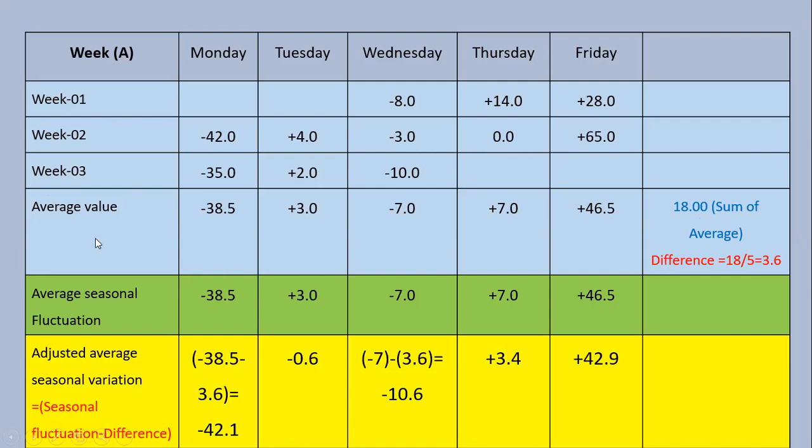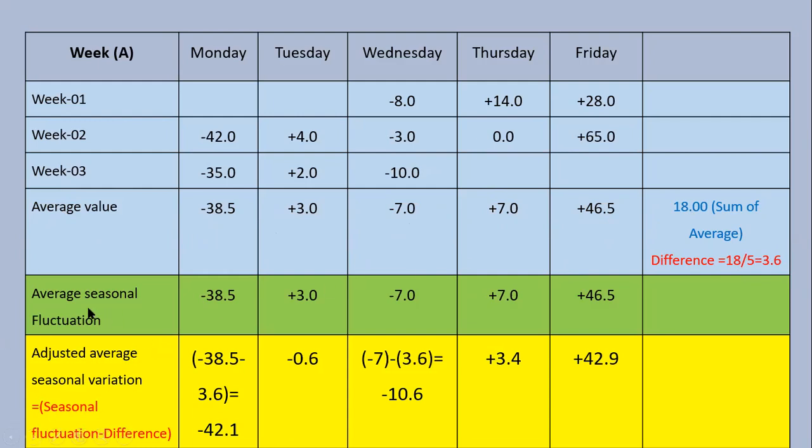I think it's clear how to get the average and how to get the sum of average. To get the sum of these values: minus 38 plus 3 plus minus 7 plus 7 plus 46.5. Then divide by the number of data. How many data? 1, 2, 3, 4, 5, so 5. Then 3.6 we call the difference here, right?